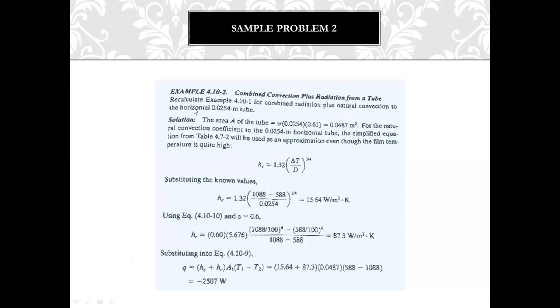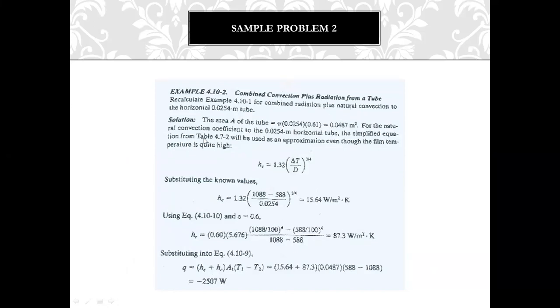So we are to recalculate the first sample problem, this time accounting for both radiation and convection for the same tube with the same set of characteristics. So the area of our tube is still the same. That's 0.0487 using the formula pi DL.